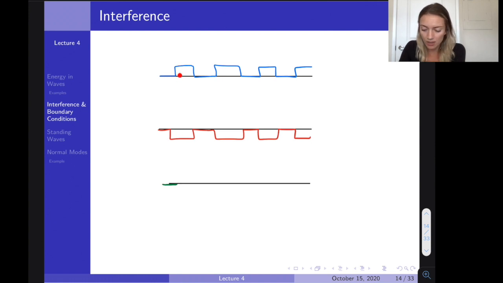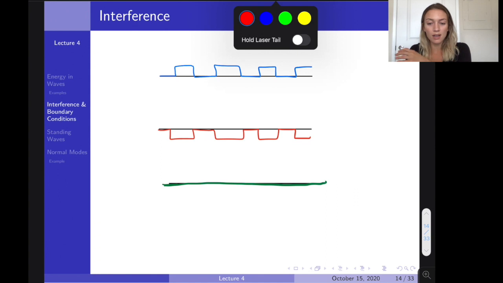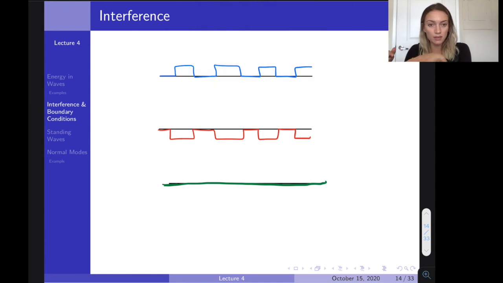If I go here, this one is some distance above the axis, this one's the same distance below the axis. And that's true everywhere on my wave. So these waves perfectly cancel each other out, and my resultant wave would not be a wave. It would just be a straight line. And this is called destructive interference. When the waves cancel and become 0, that's destructive interference.